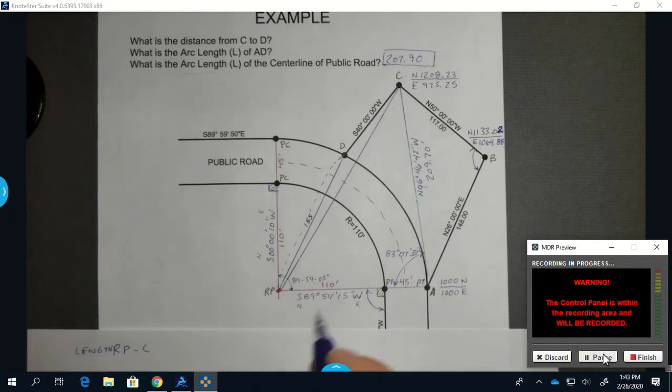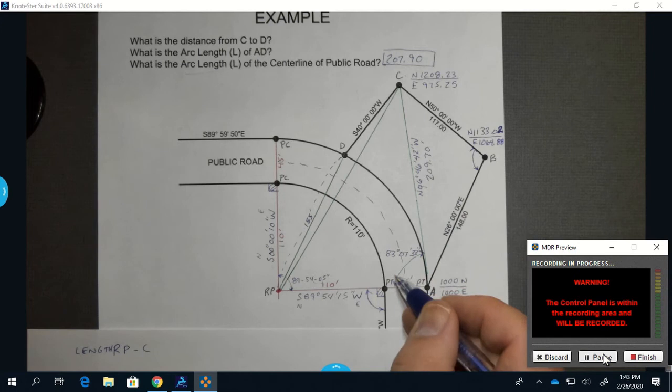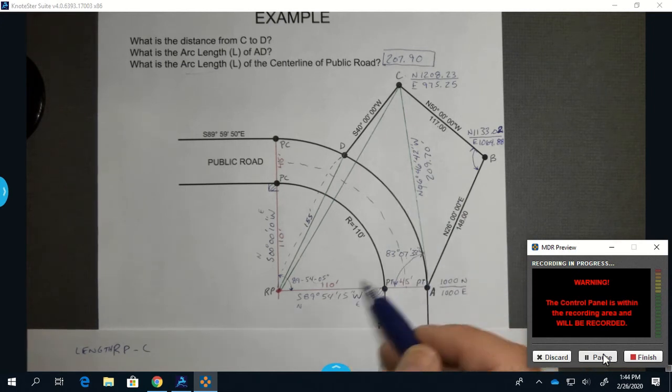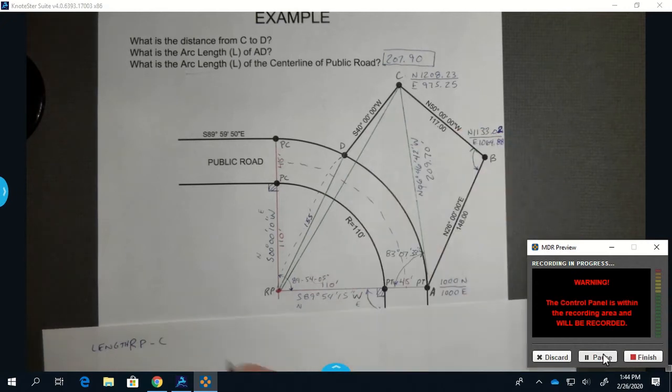Now that I figured that out, I can figure out the length of RPC because I have a distance here, I have my angle, and I have a distance here. So side, angle, side will give me this. So I'm going to do the law of cosines.